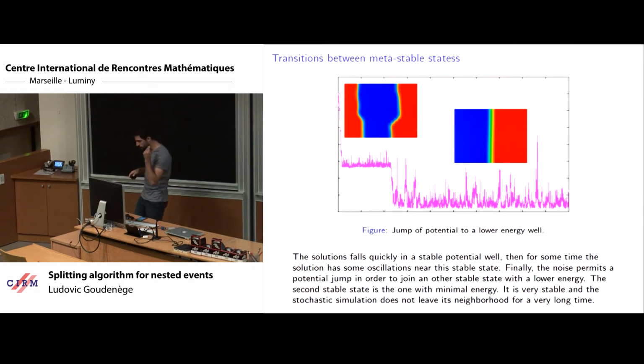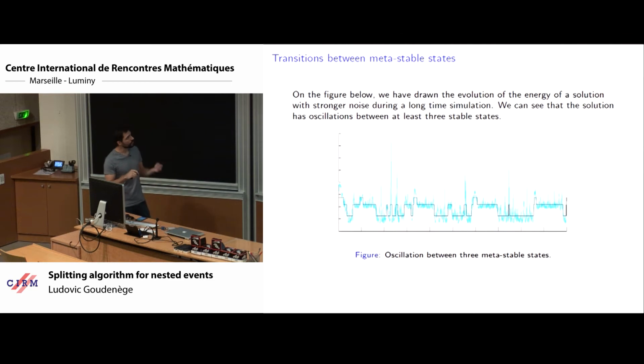If you add some stronger noise, you can see the jump. So again, this is the energy with respect to the time, but with a much stronger noise. And you can see that the solution changed its position and jumped between at least 3 metastable states, maybe a symmetric description.